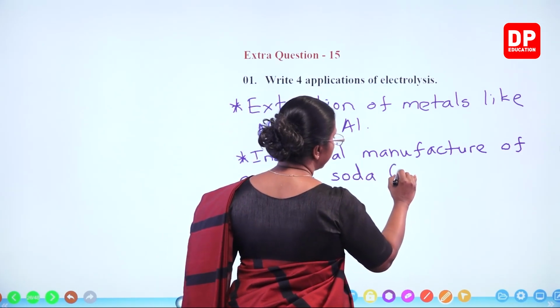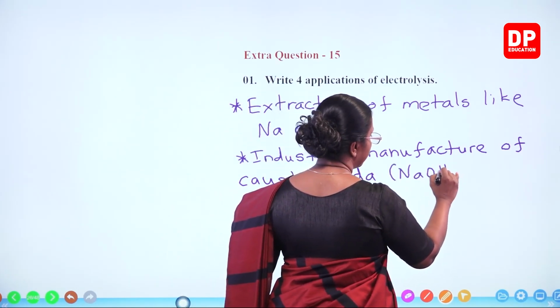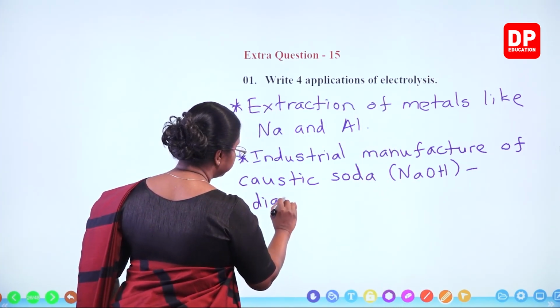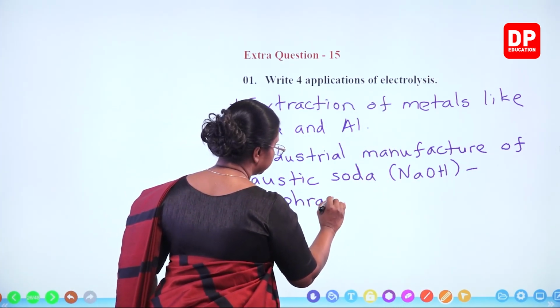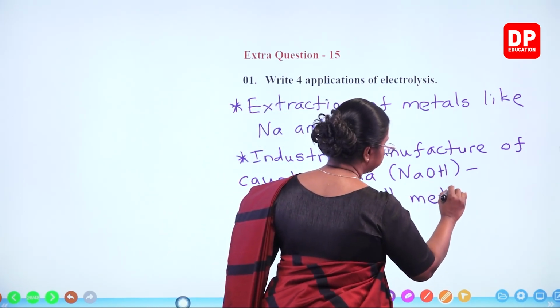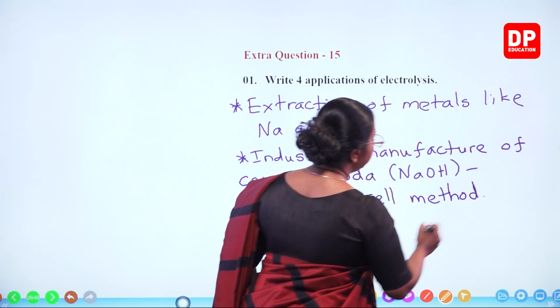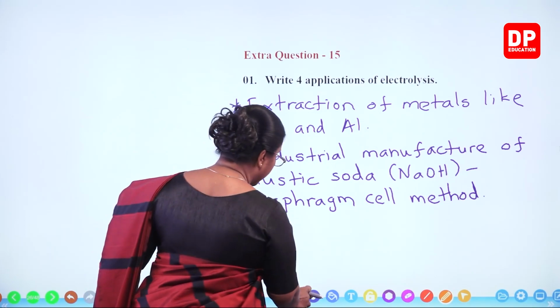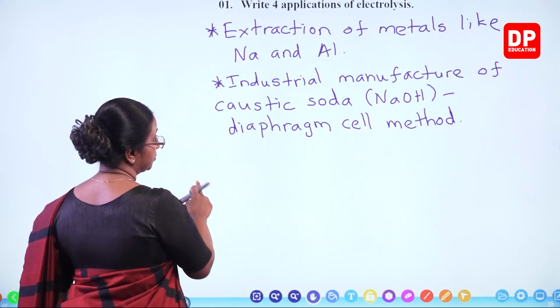That is what? NaOH. And this, of course, is known as the diaphragm cell method. So here we electrolyze aqueous sodium chloride. So from there sodium hydroxide is produced.